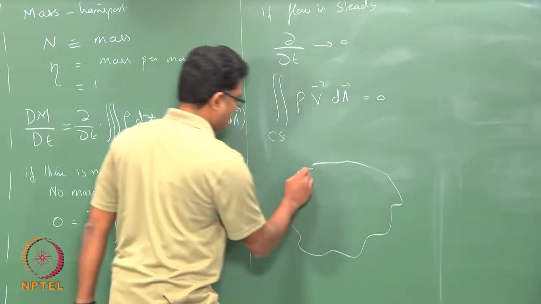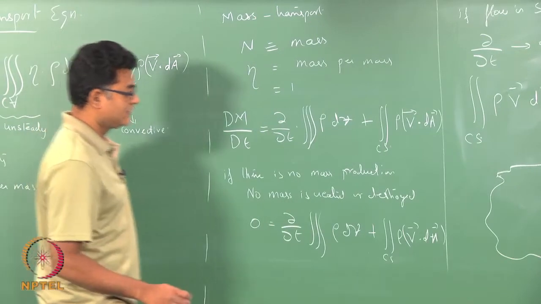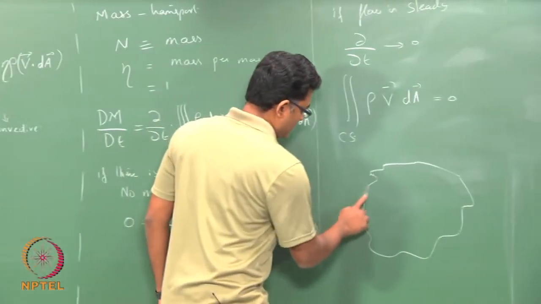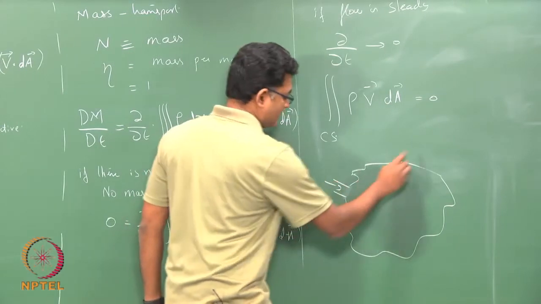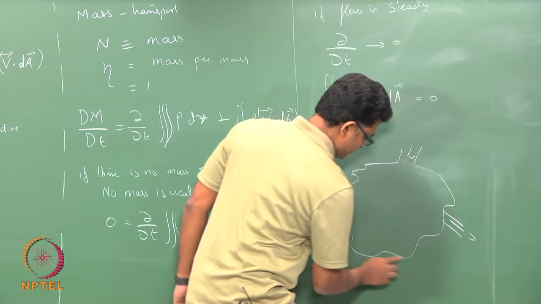If I have a control surface, assume a 3D control surface, and there is mass that is coming in, mass that is going out.